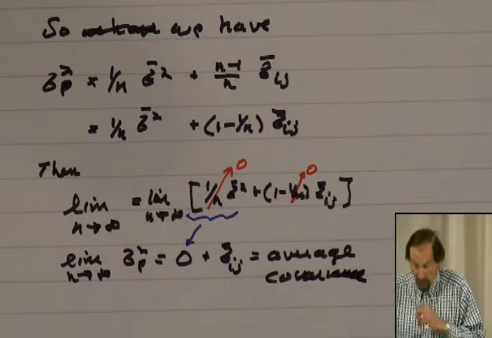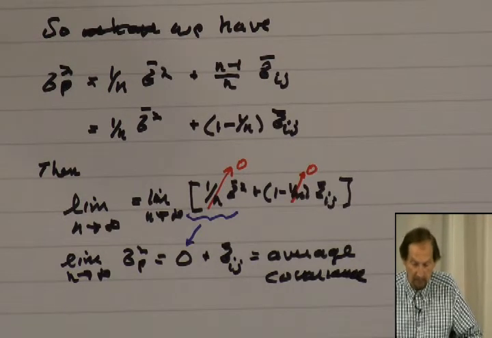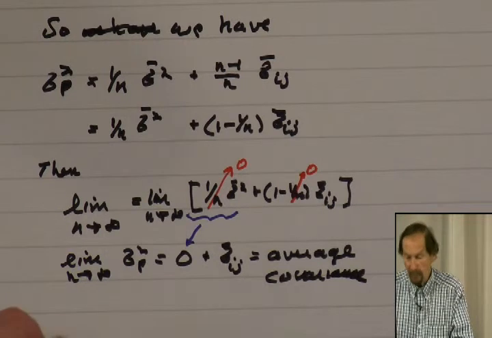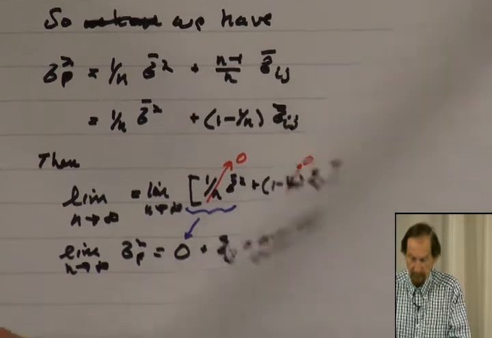So when we have positively correlated assets, we can reduce risk, but we can only reduce risk to the average covariance here. Leuenberger gives an example with numbers, but it's just as easy to do it without numbers.